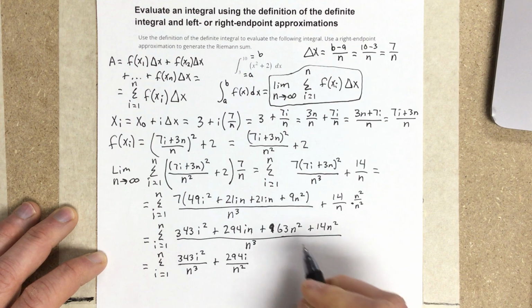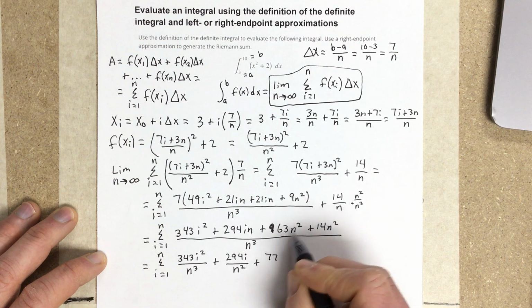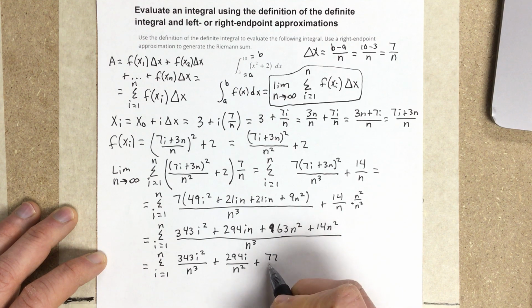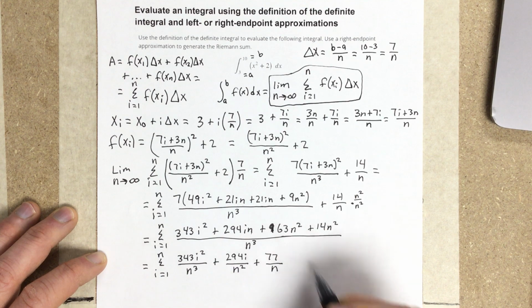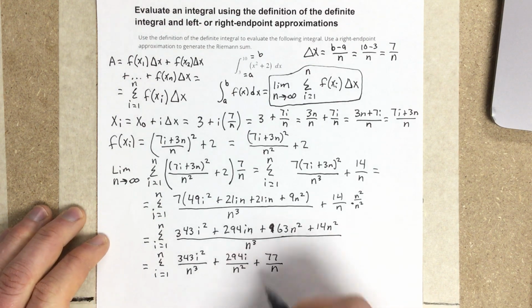Combine these together, that's really 77n squared, so when I simplify I get plus 77 over n, because the n squared cancels with the n cubed, and I just get one n left in the bottom. Then I'm going to split my summations between each of these.